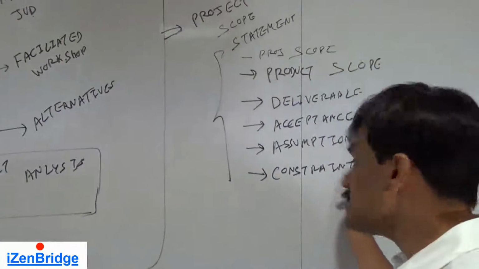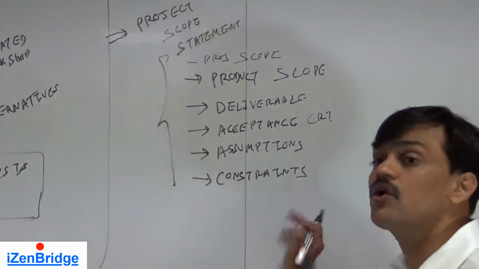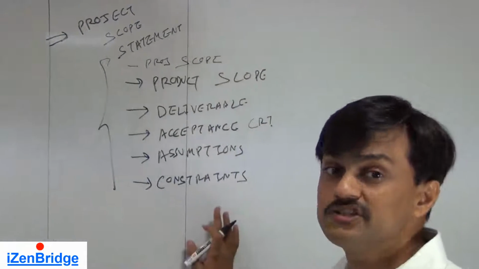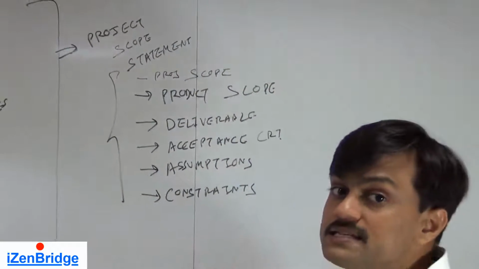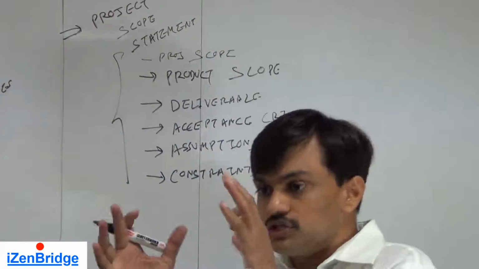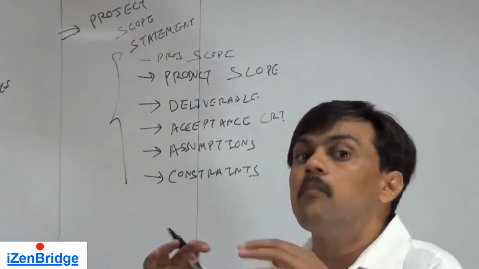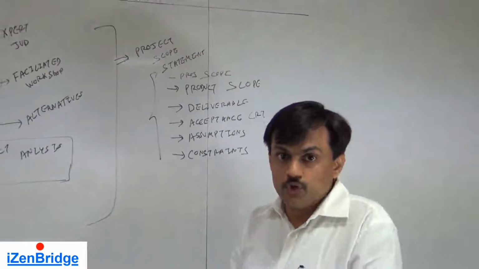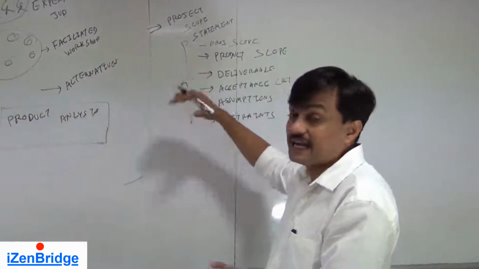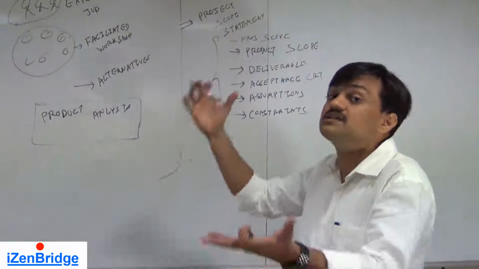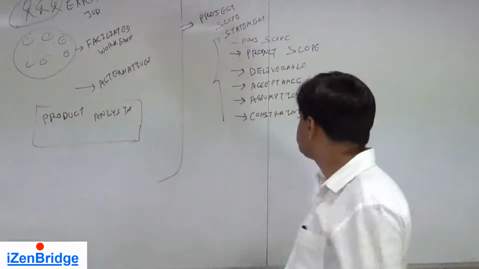For example, these things are not available, this technology is not available, this material is not available, or the budget is limited. All these are constraints which give a boundary to your solution. You may want to do many things, but because of these constraints, your solution is getting limited, so your alternatives are getting limited.